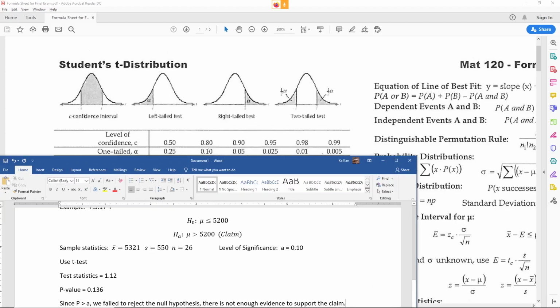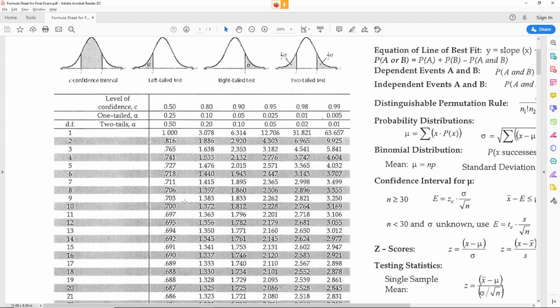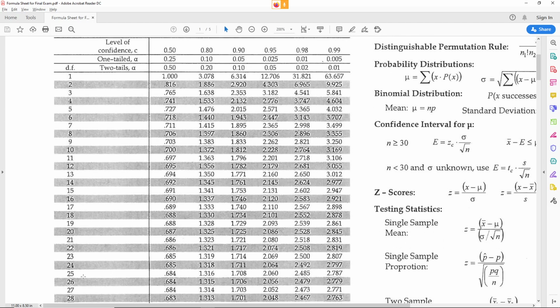We are 26, it's the sample size, so that means the degree of freedom is 25. It's always one less, in this case, in a one-dimensional case. So you go down to 25, which is right here. And in the second column, that's 1.316.